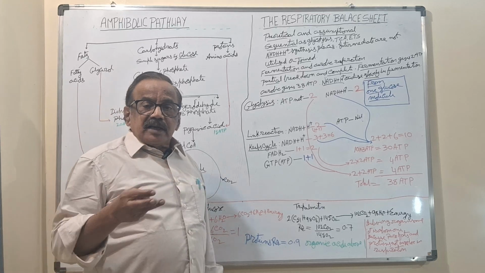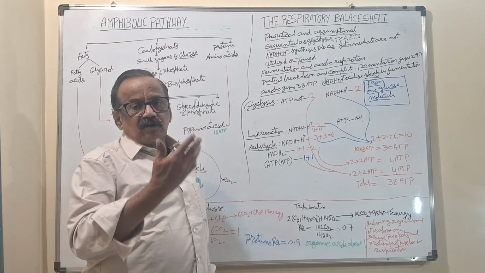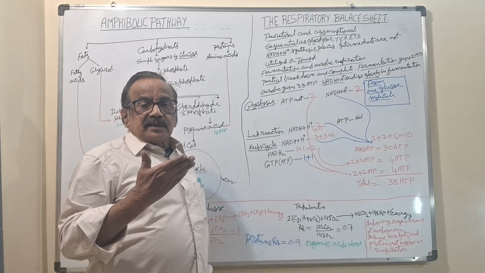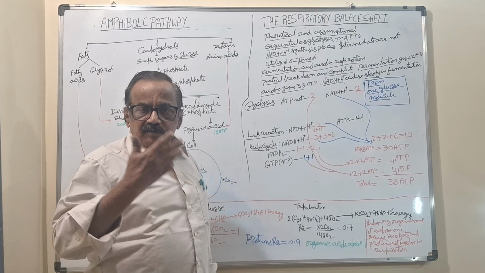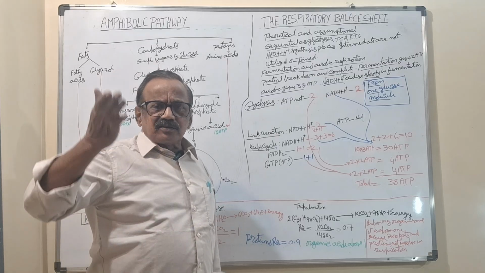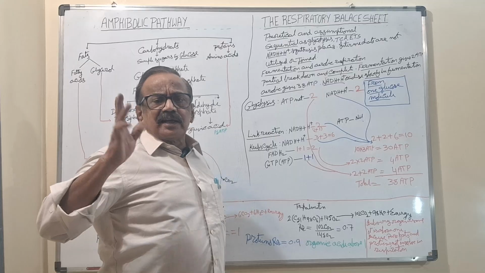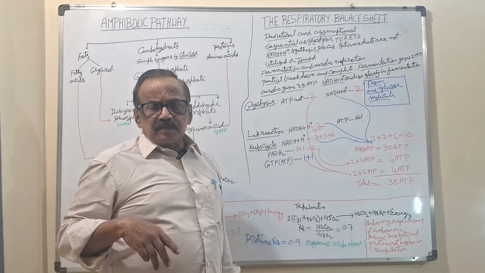The acetyl coenzyme A will be condensed with oxaloacetic acid by taking one water molecule, with citrate synthase, and it will be converted into citric acid, then isocitric acid. Isocitric acid becomes oxalosuccinate, and there one NADH + H+ will be produced. When alpha ketoglutarate is oxidized by decarboxylase and dehydrogenase, one NADH + H+ will be produced.